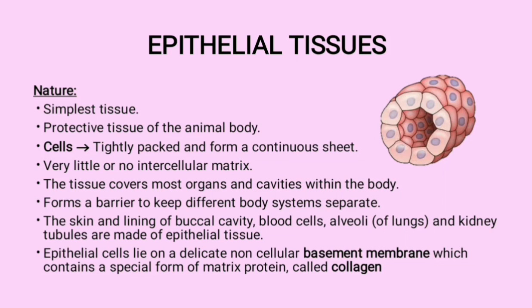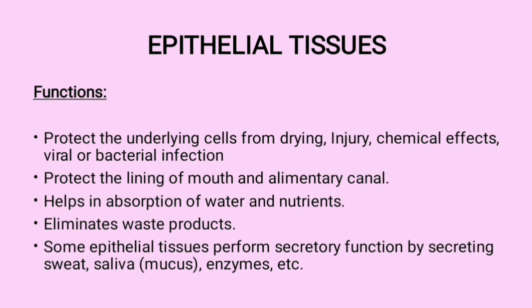In this way you can see what epithelial tissues are, how they look and how they behave. Now let's see the functions of the epithelial tissues. The cells of the body surface form the outer layer of the skin. These cells protect the underlying cells from drying, injury and chemical effects. They also protect the body from viral or bacterial infection. Inside the body, epithelial cells form the lining of the mouth and alimentary canal and protect these organs.